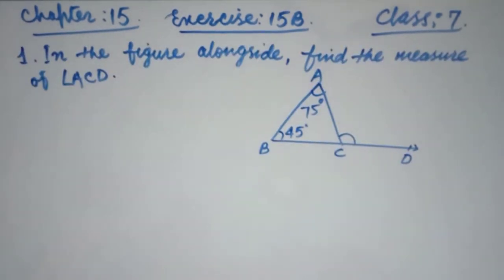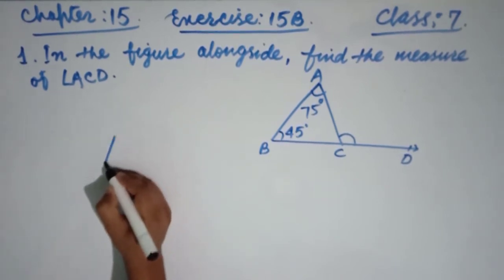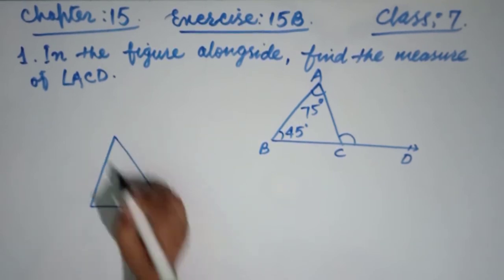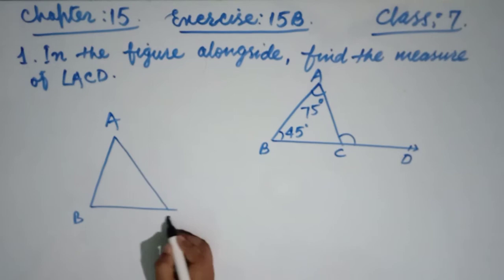Now friends, before solving a couple of questions of exercise 15b, let us discuss one important theorem that is called the exterior angle property of a triangle. Now see friends, have a look. Suppose this is A, B and C, a triangle.